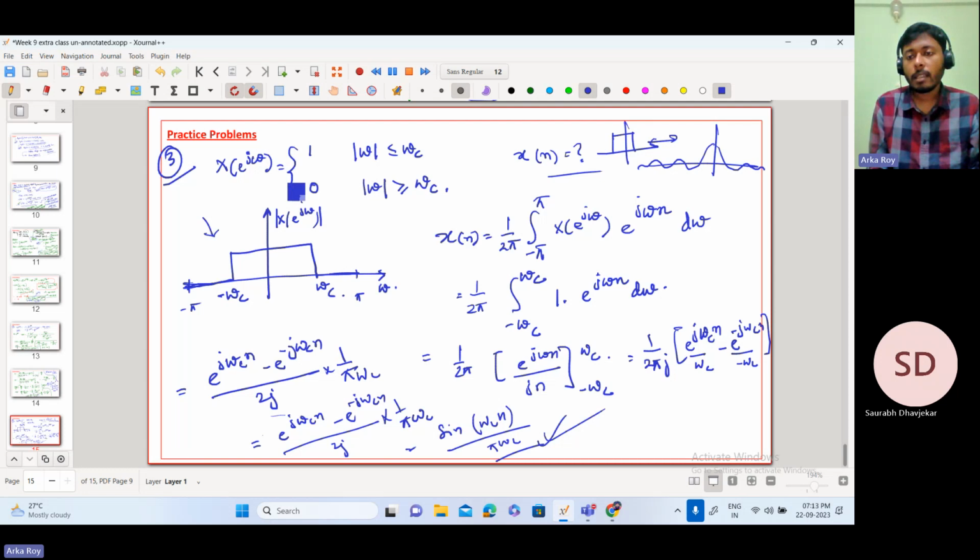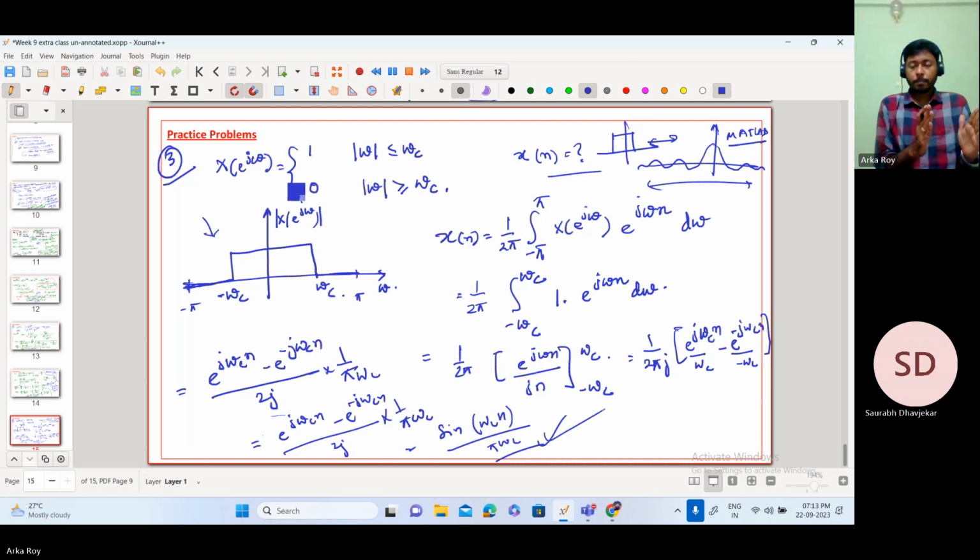And you will see, if you use MATLAB, that the sequence will be spreading from minus infinity to infinity. That means whichever output is band limited in frequency is widely spread in the time domain. Whatever response you find in the frequency domain, the opposite characteristics will be replicated in the time domain.